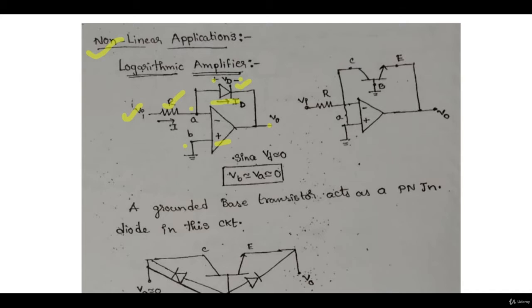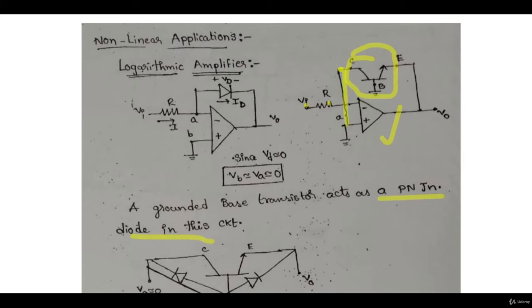Okay, so the same circuit you can implement by using this kind of configuration as well. So Vi and R is same, but instead of using a proper diode, we used an NPN transistor in PN junction form. How?